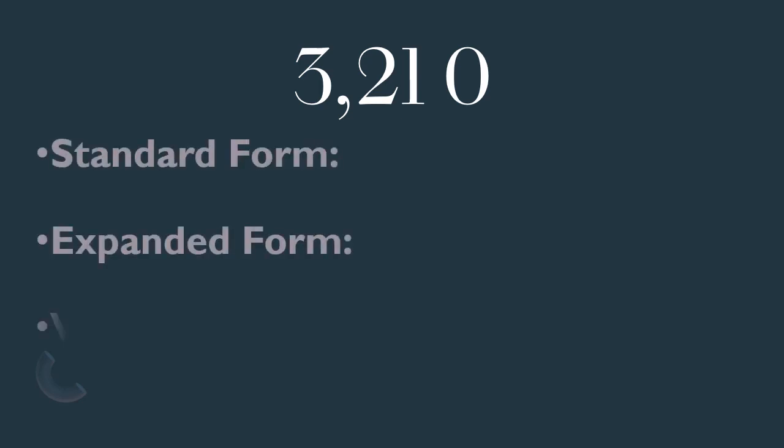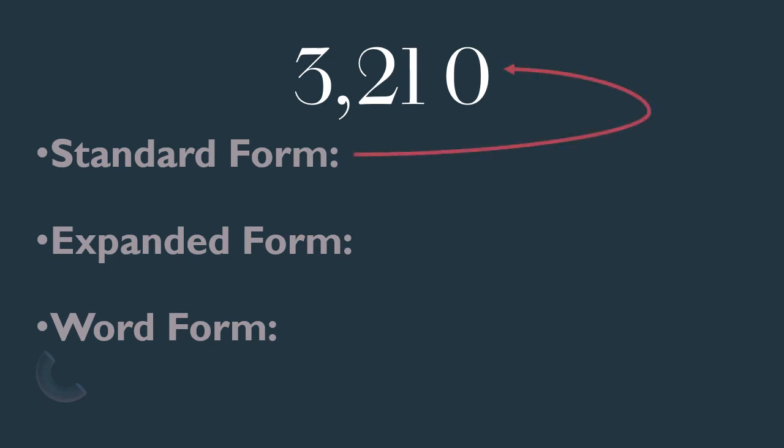Okay, let's do one more number with a 0 in it. This time the 0 is at the end, 3,210. And we're going to put this number into standard form, expanded form, and word form. So remember, this is already written in standard form with the digits. So there's my standard form of 3,210. Now to stretch it out, to make it into expanded form, we have to look at the value of each of those digits.